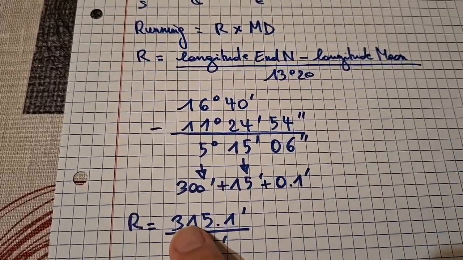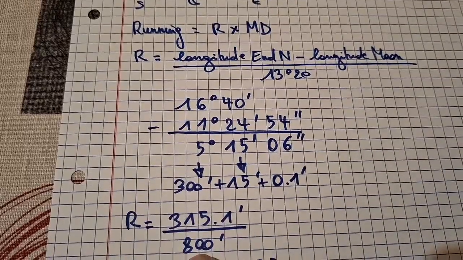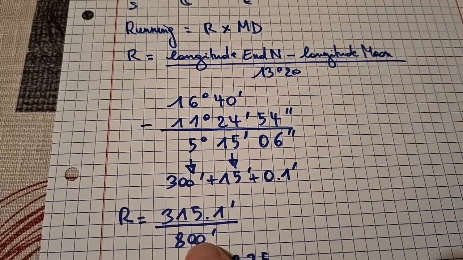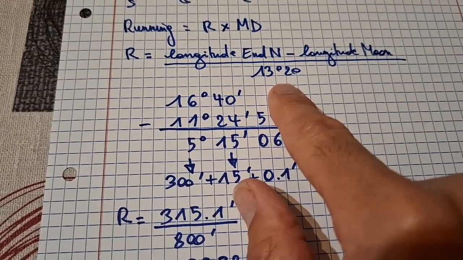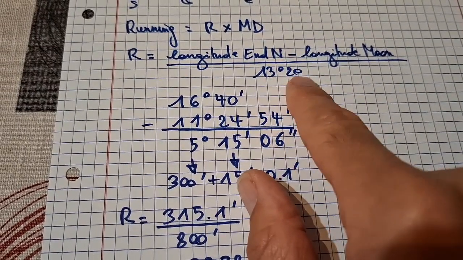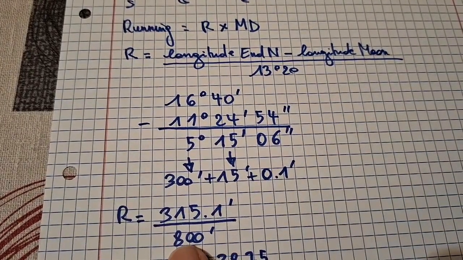We add it all up, we get 350.1 minutes divided by 800 minutes. This comes from converting the 13 degrees 20 minutes into minutes, which gives 800 minutes.